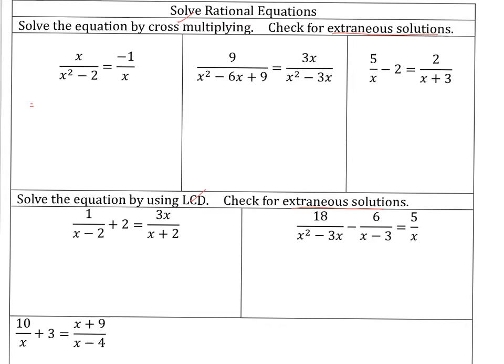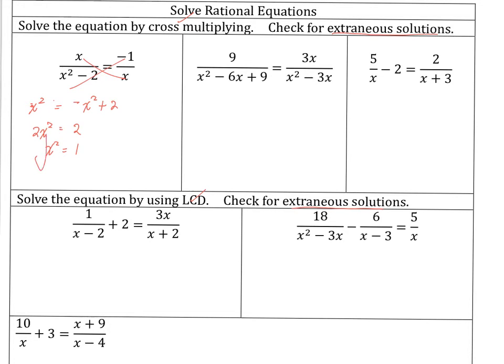So first of all, we can first cross-multiply. This will be x squared equal to negative x squared plus 2. And then this will be 2x squared equal to 2. X squared equals 1.